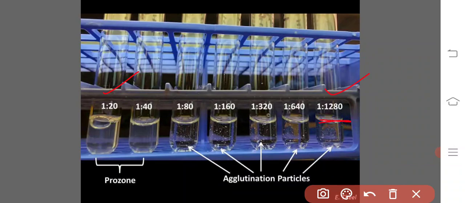The result of the test indicates that agglutination occurs at the dilution of serum of 1 is to 80. It starts from 1 is to 80 to 1280. There is no agglutination in the dilutions like 1 is to 20 and 1 is to 40.